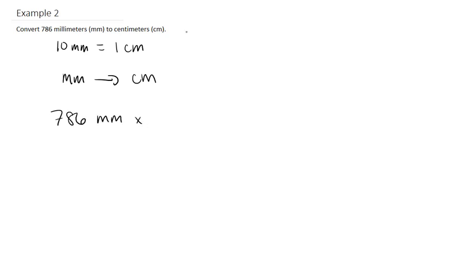Now we need to use this conversion factor where we need to get rid of millimeters. So what we do is we put the millimeters on the bottom and then centimeters on top. So then we're left with centimeters as part of our final solution. This means we can get rid of millimeters as they can cancel out.